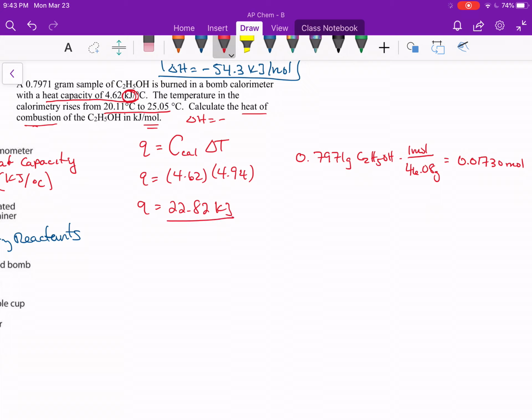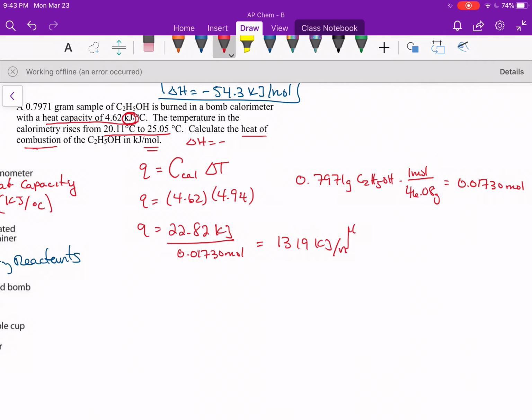And once we have that, then we can take our heat energy, divide it by our 0.01730 moles, and that's going to give me 22 point, oops, I lied, wrong number. That's going to give me 1319 kilojoules per mole.